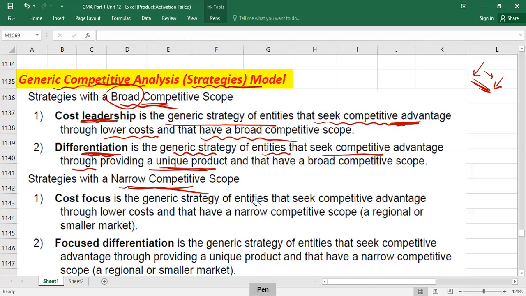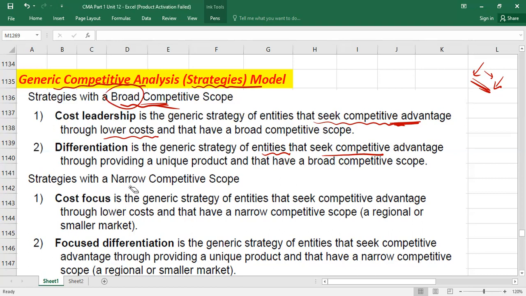But on the other hand, we have a narrow competitive scope. Narrow means we have cost focus. I hope you can see the cursor. What is cost focus? Under narrow, guys, as I told you, from market to market you change your strategy.